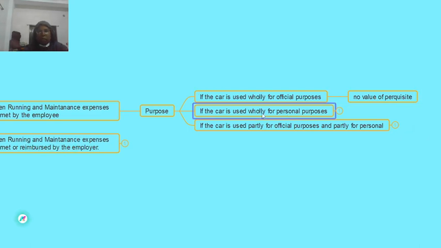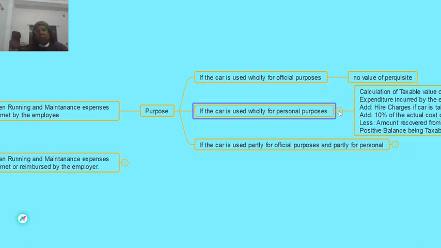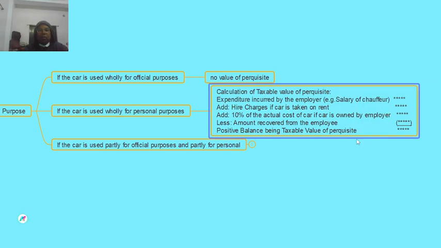If the car is used wholly for personal purposes, then the calculation of the taxable value of perquisite is like this. Expenditure incurred by the employer, for example salary of the chauffeur, that is the driver, and the hire charges if the car is taken on rent, add 10% of the actual cost of the car if the car is owned by the employer.